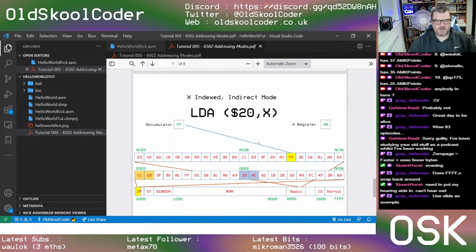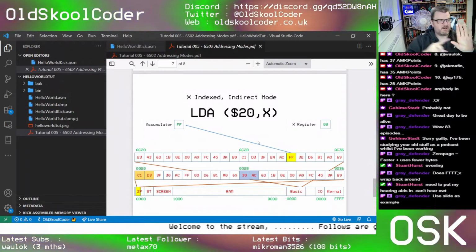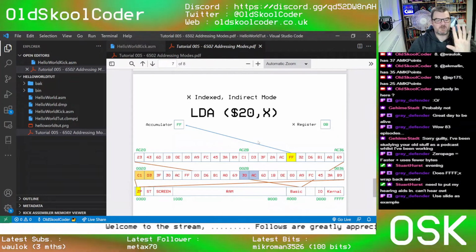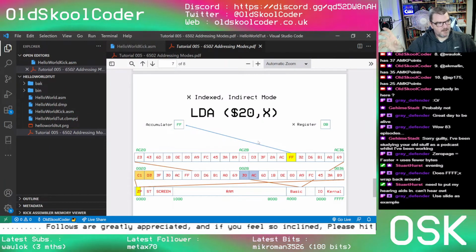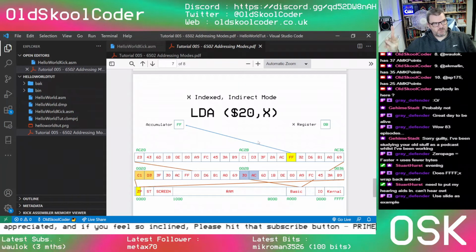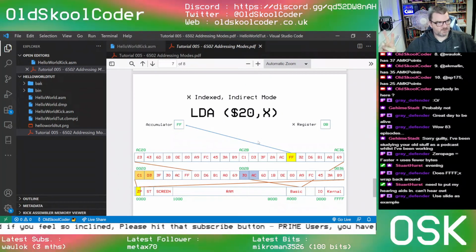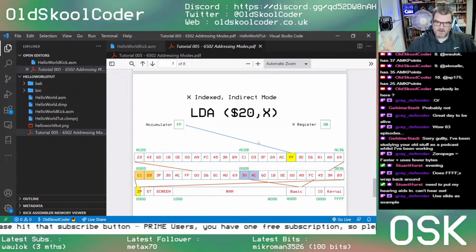You are telling the computer to look at a memory location, and then you're telling it to offset it by what's in X. So if X is 6, you're saying go to $20. Then 1, 2, 3, 4, 5, 6. Right, I'm looking at $26. Work out the memory location from $26. So it uses $26 and $27 because a memory address location is 16-bit, not 8, so it needs 2 bytes.